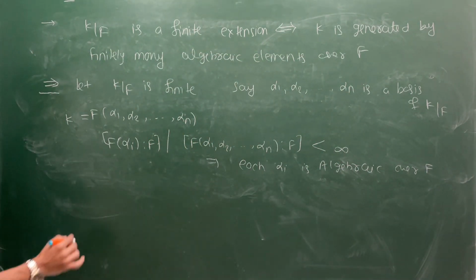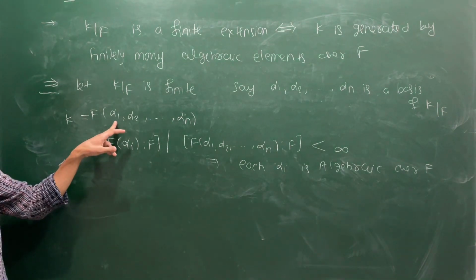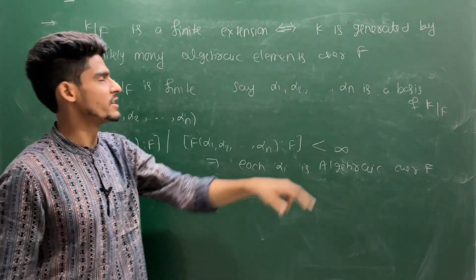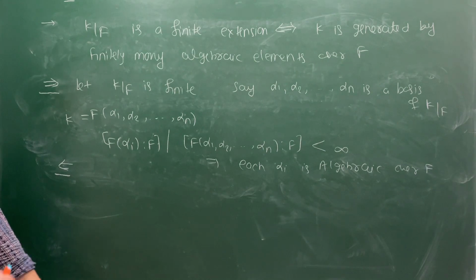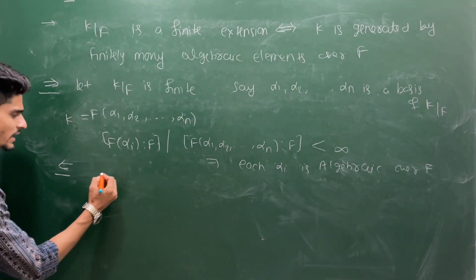Once you understand this part, let's see the converse, because we have proved that this K is generated by finitely many algebraic elements. What is the converse? If K is generated by finitely many algebraic elements over F, then you have to prove that K over F is a finite extension. This is again very easy.